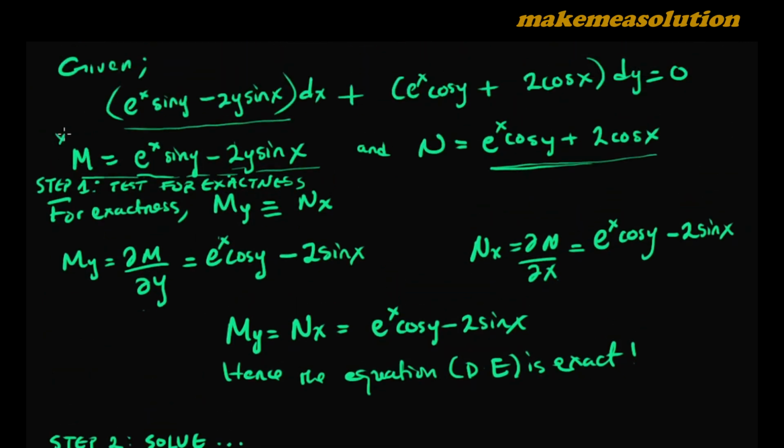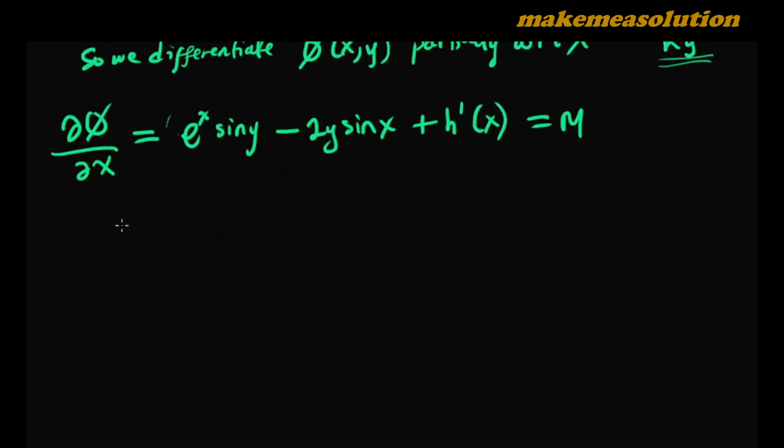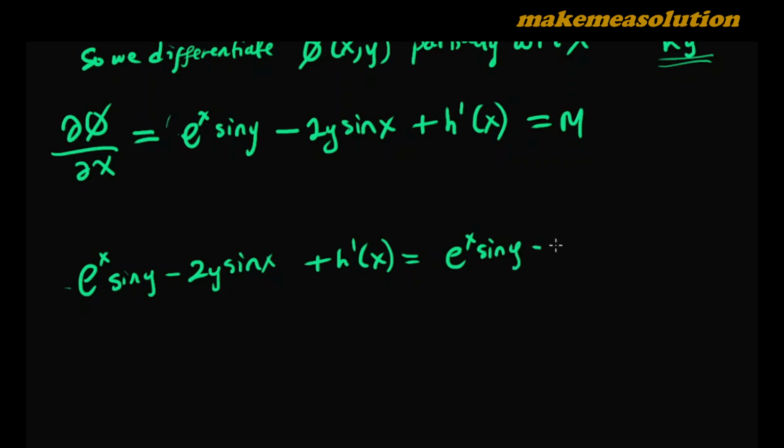M is exponential x sin y minus 2y sin x. So exponential x sin y minus 2y sin x plus h prime of x is equal to m, and m is exponential x sin y minus 2y sin x.